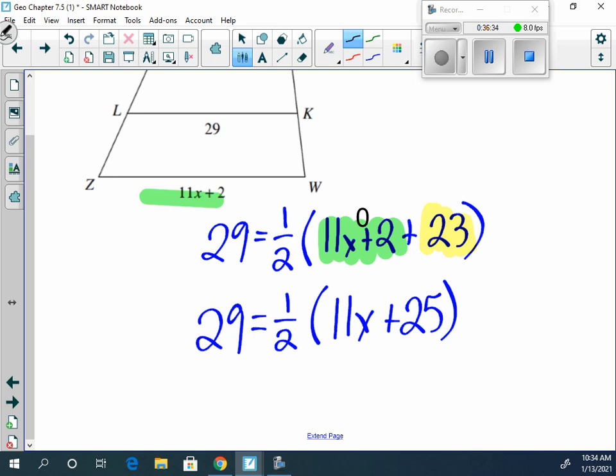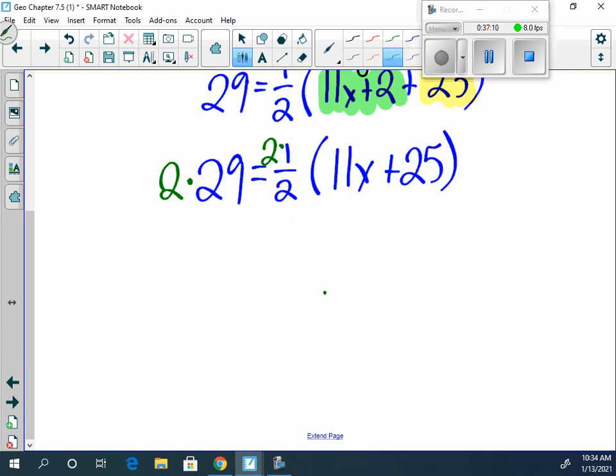So, if you remember back to last semester where we talked about mid-segments of a triangle, where it's equal to 1/2 of the base, or if it didn't divide evenly, we could multiply both sides by what? 2. Because really, when we multiply by 1/2, we're really dividing everything by 2. So if I multiply both sides by 2, well, 2 times 1/2 is what? 1.